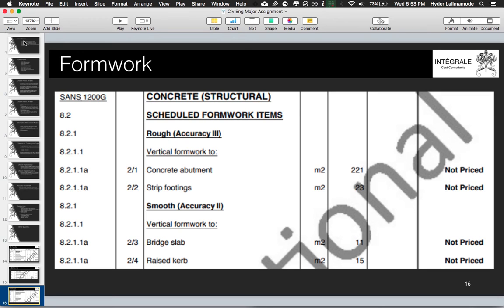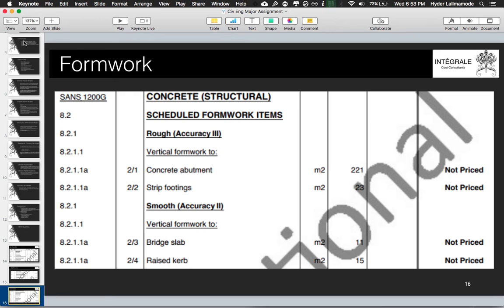And for SANS 1200G, we firstly had concrete structure where we had formwork, rough formwork.